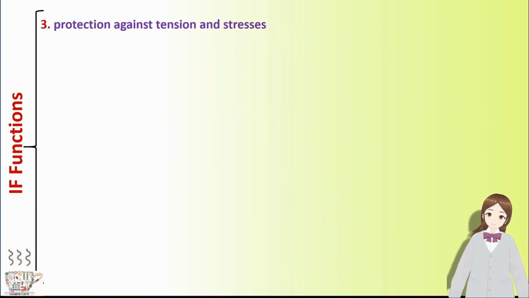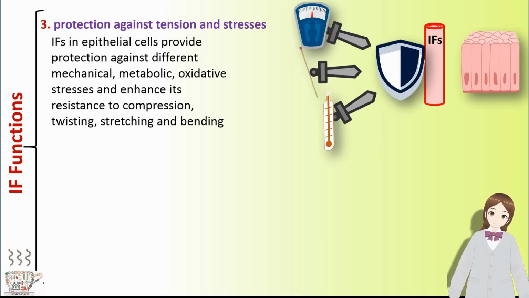Protection against tension and stresses. Intermediate filaments in epithelial cells provide protection against different mechanical, metabolic, and oxidative stresses and enhance resistance to compression, twisting, stretching, and bending.